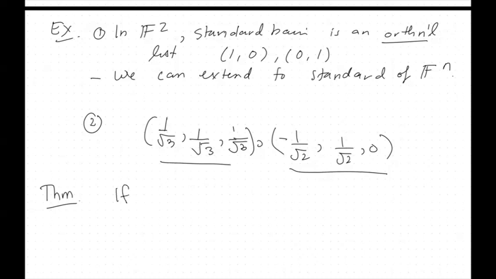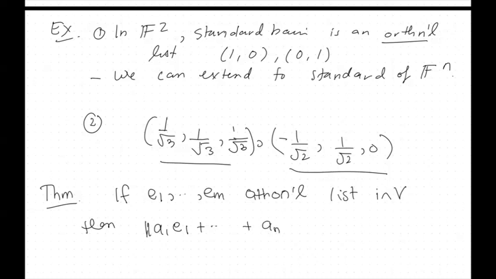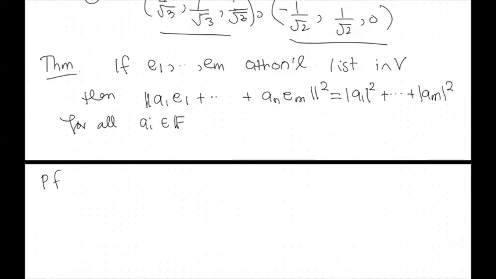If we have e_1 to e_m, an orthonormal list of vectors in V, then the norm squared of a_1 e_1 + ... + a_m e_m is equal to |a_1|^2 + ... + |a_m|^2 for all the a_i in the base field F. The proof here is direct.